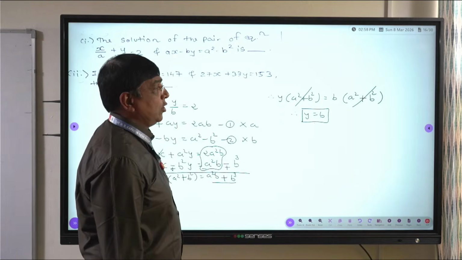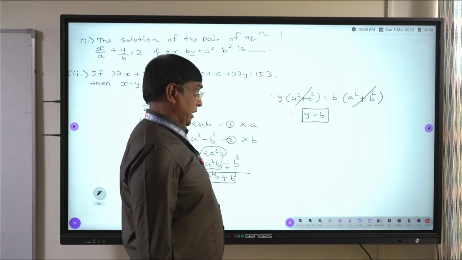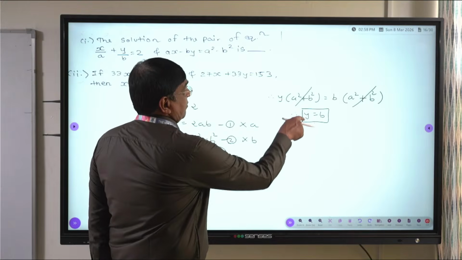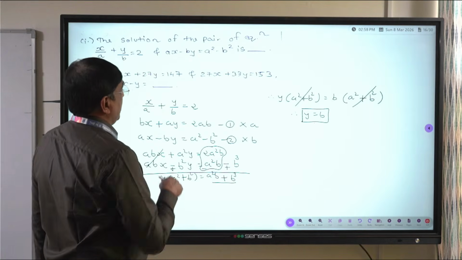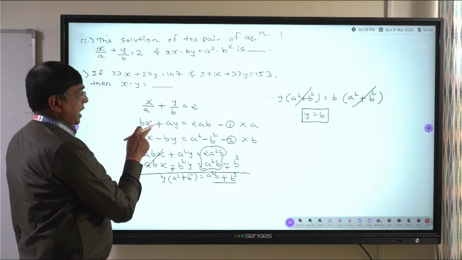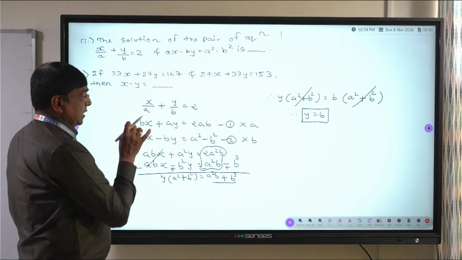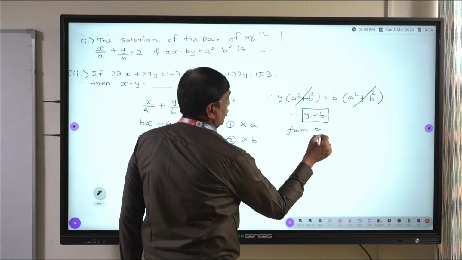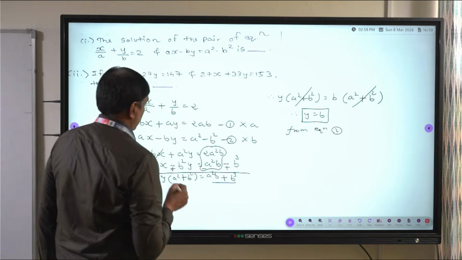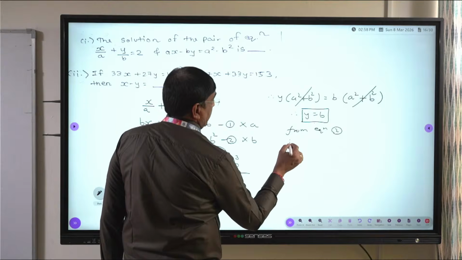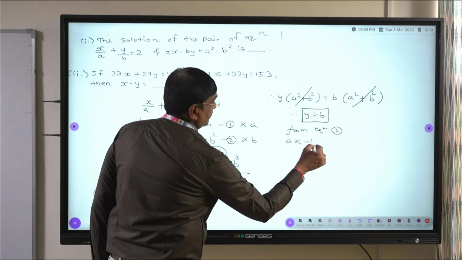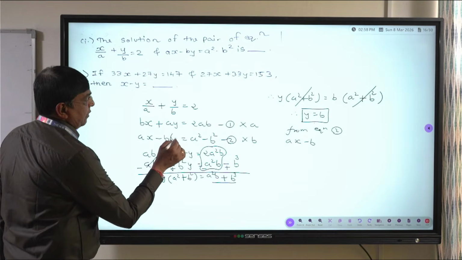So the solution of one variable you have got, that is b. Substitute that value of y in either equation 1 or 2. Say 2. So from equation 2, substitute ax minus b instead of y.